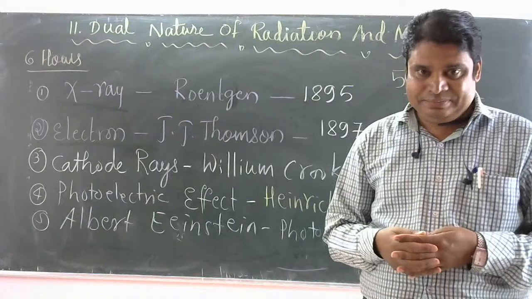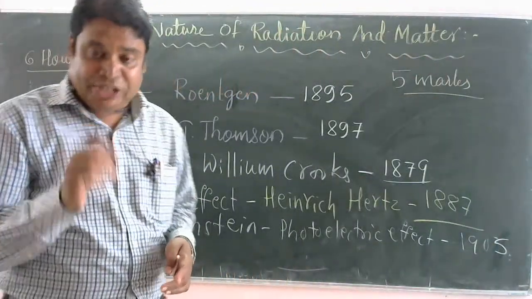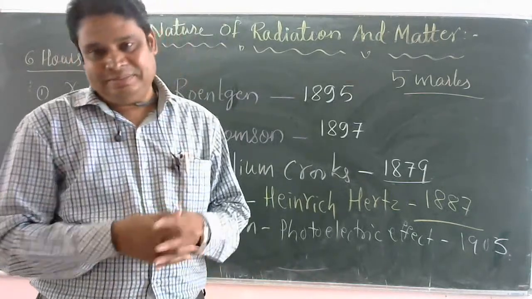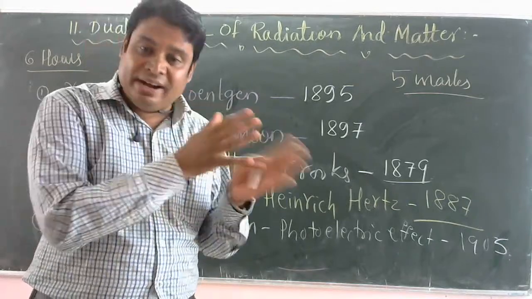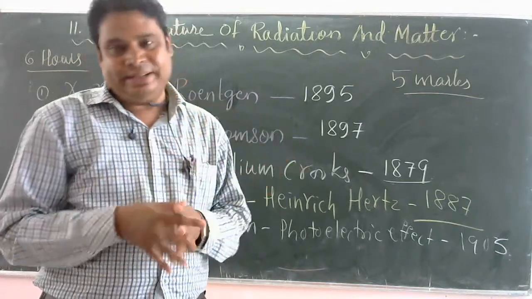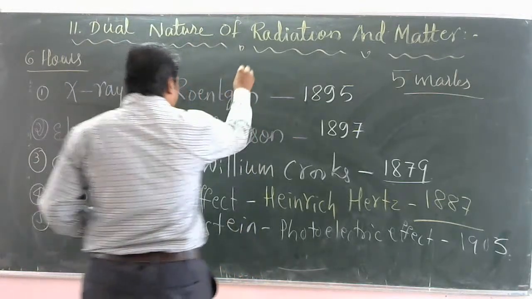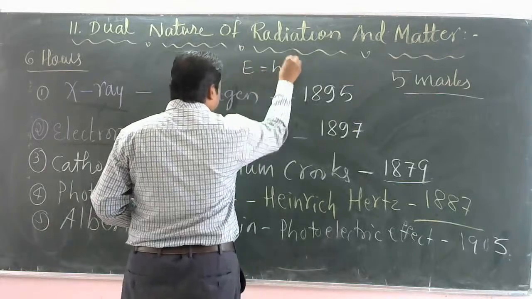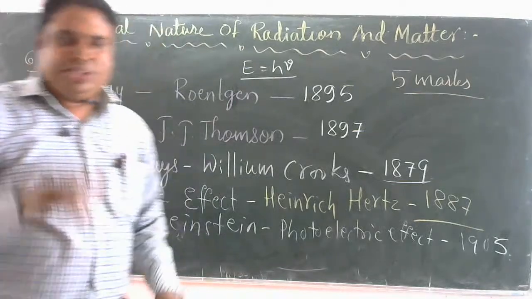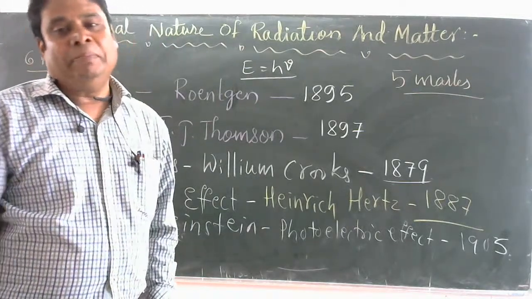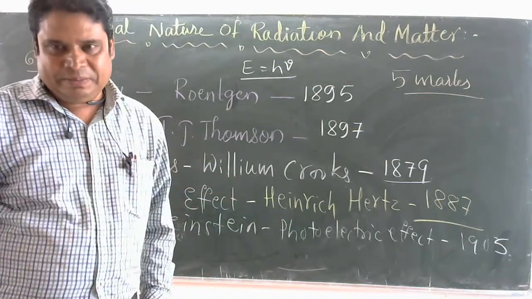where once again we are supposed to consider radiation as an individual, quantized particle, each particle having energy E equal to h nu. That theory was called Planck's quantum theory.